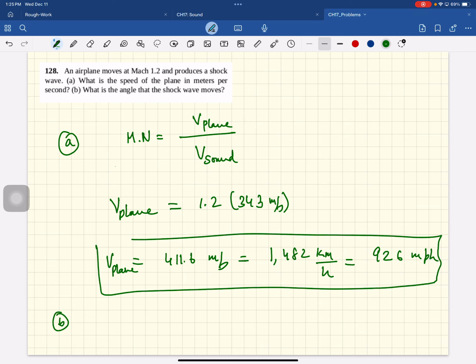And the shock angle. This is the shock wave, and this shock angle is given by, the faster the plane is flying, the smaller this angle will be. Sine theta is the velocity of sound divided by the velocity of plane. You get a shock wave when an object is flying faster than the speed of sound, so this has to be less than 1 for this to have a solution.